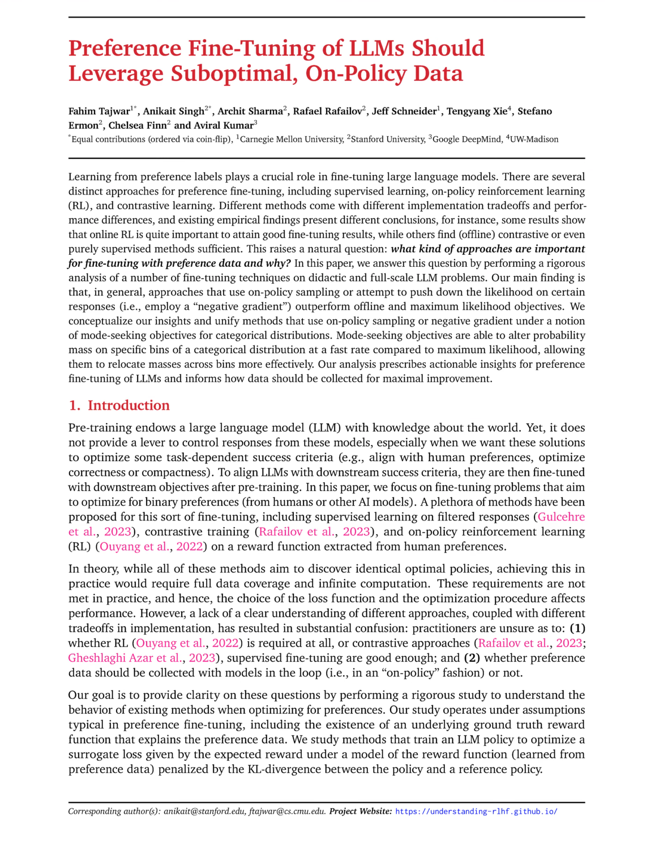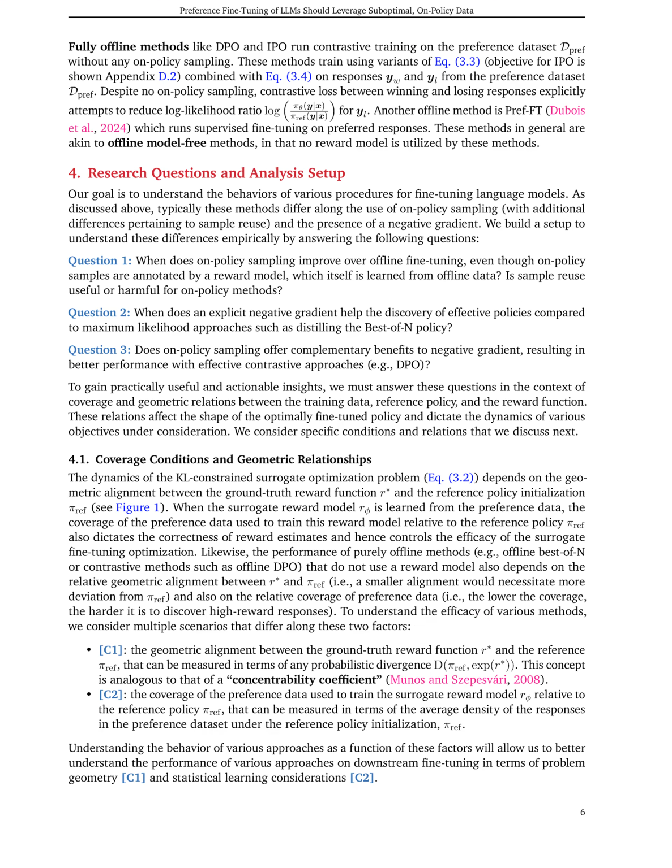The experiments involve comparing the performance of on-policy RL methods, contrastive training, and supervised learning on preference data. The validation process also includes studying the impact of sample reuse, understanding the benefits of combining on-policy sampling and negative gradients, and analyzing the convergence and performance of different methods under various scenarios.